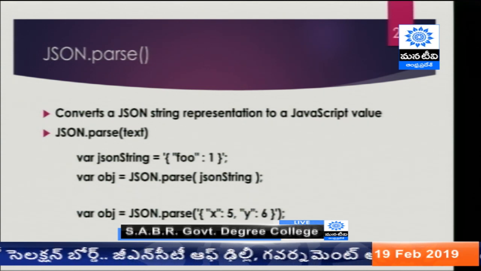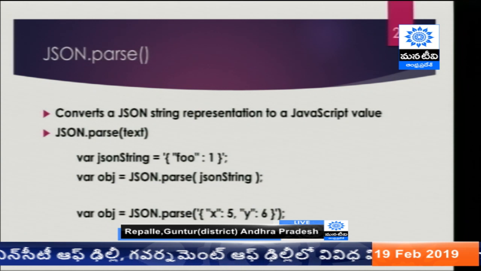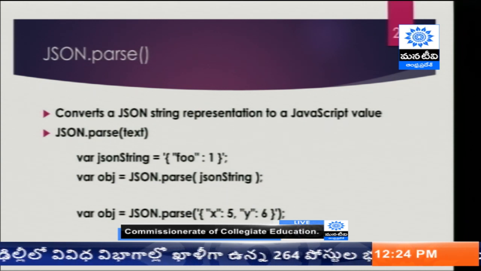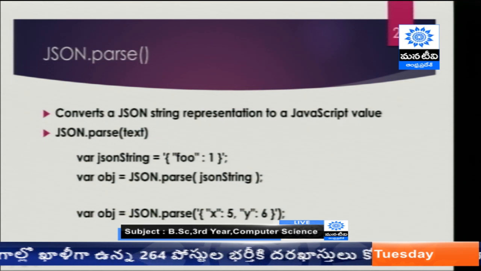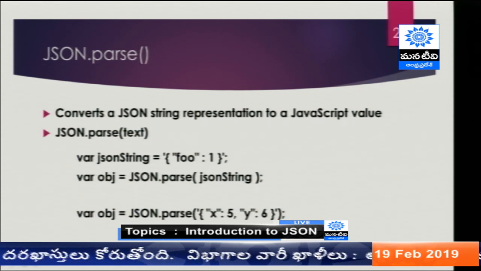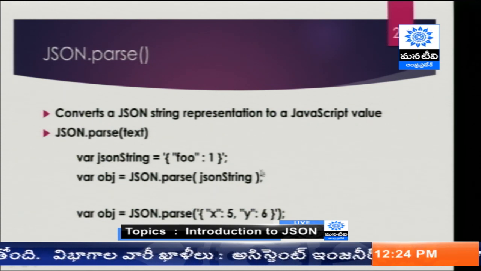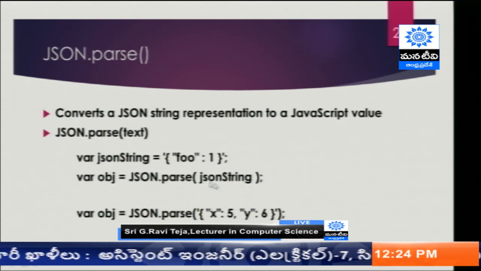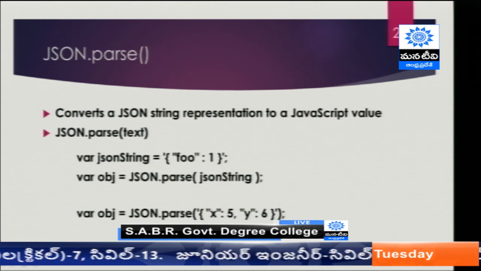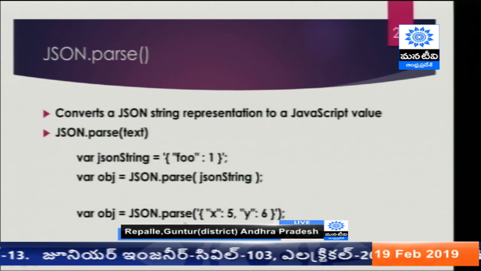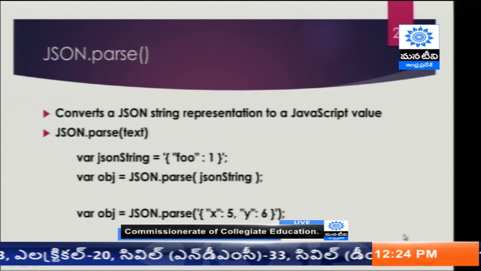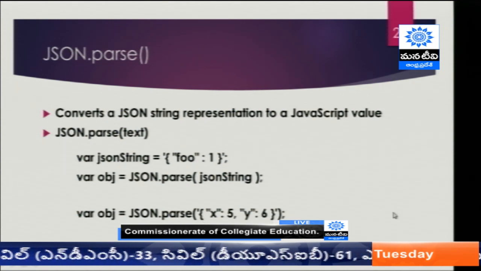We can also produce the parsed data in our browser, which we will see later. Here we are supplying the data directly to the parse method. Either a variable, a file or any data can be given as a parameter, and the parse method converts these values into JavaScript accessible values.